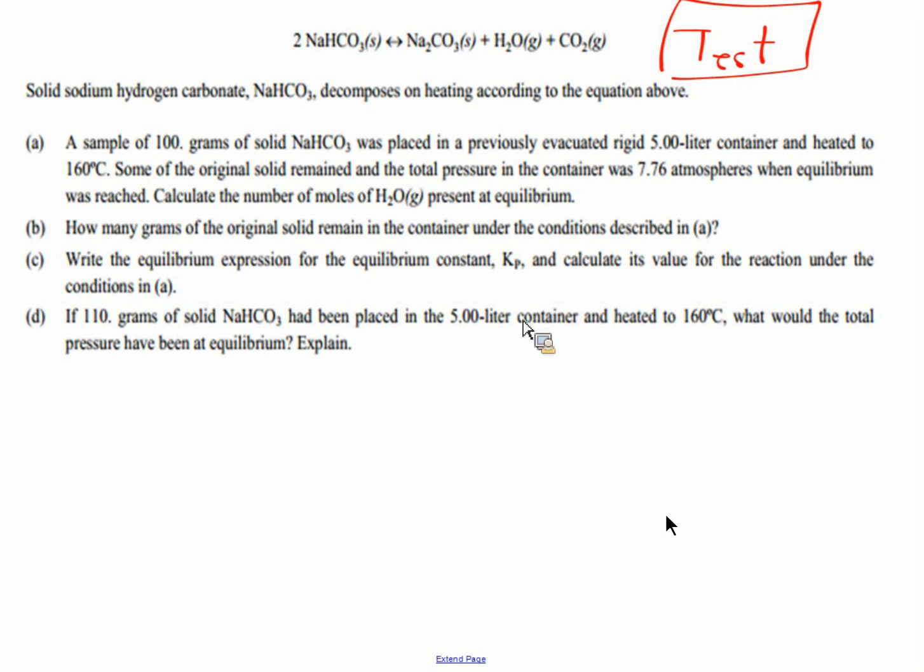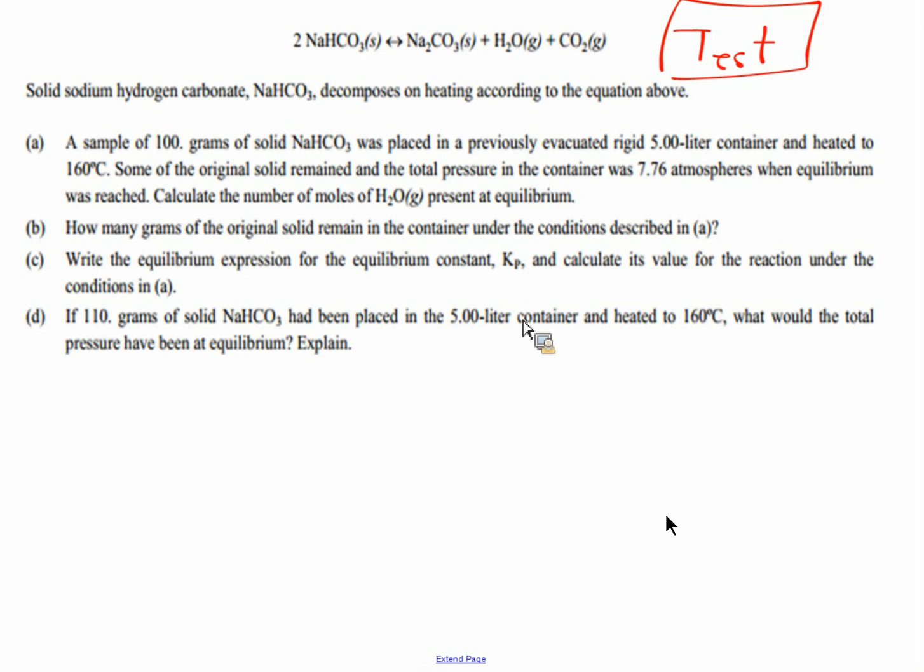It says a sample of 100 grams was placed in a rigid container, meaning it won't change. Some of the original solid remained, and the total pressure was 7.76 atm when equilibrium was reached. Calculate the number of moles of H2O gas present.